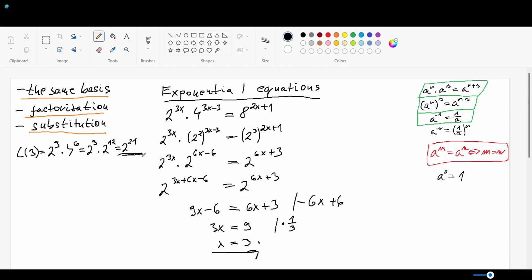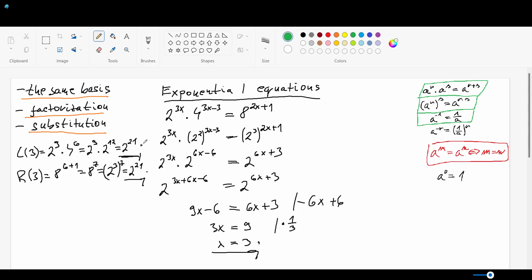I'm not going to evaluate this number again because it's going to be a really big number, and you will see that it's quite enough to have this number as the value of the left side for x being 3. Let's see what the value of the right side for x being 3 is. So it's 8 to the power of 6 plus 1, which is 8 to the power of 7, which is then going to be 2 to the power of 3 to the power of 7, which is of course 2 to the power of 21.